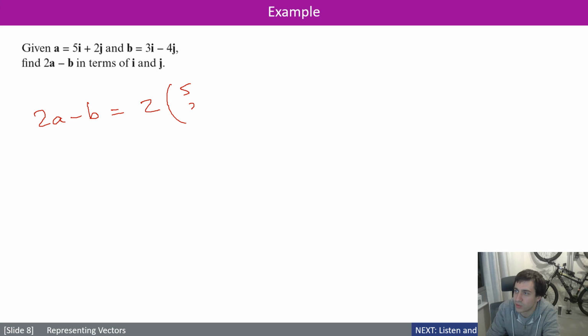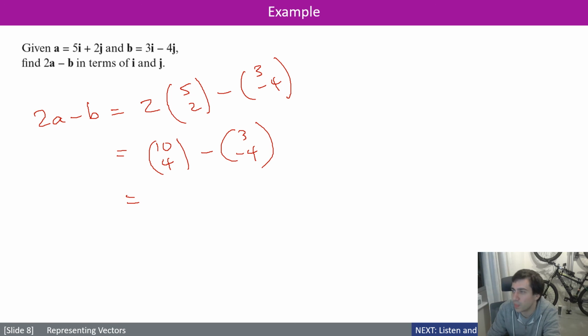So that's 5, 2. Take away b, which is 3, minus 4. 2 times 5, 2 is 10, 4. And let's keep 3, minus 4 here, just to show our working, one thing at a time. 10 minus 3 is 7. 4 minus minus 4 is 8.